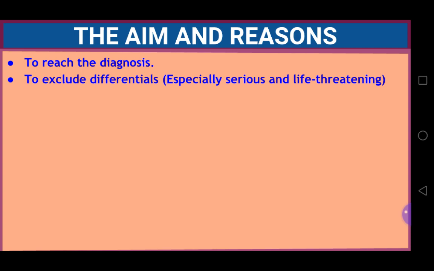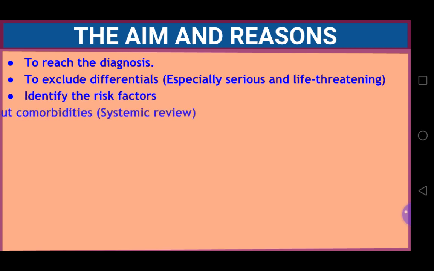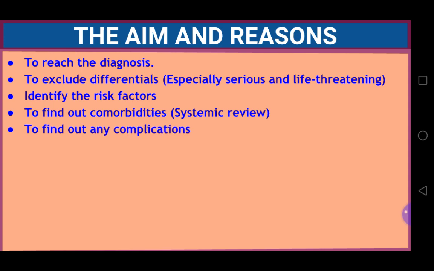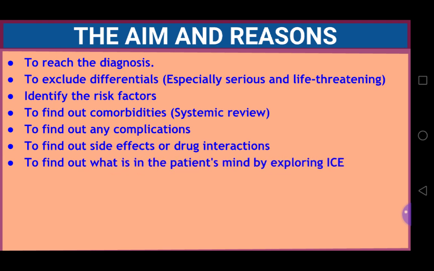Other reasons to take history include identifying risk factors, finding out comorbidities by systemic review, finding out any complications, side effects or drug interactions, and finding out what is in the patient's mind by exploring ICE. This is a very important reason to take a history.